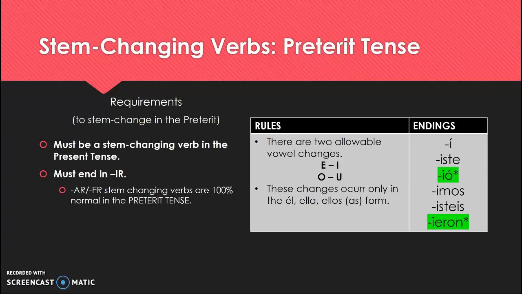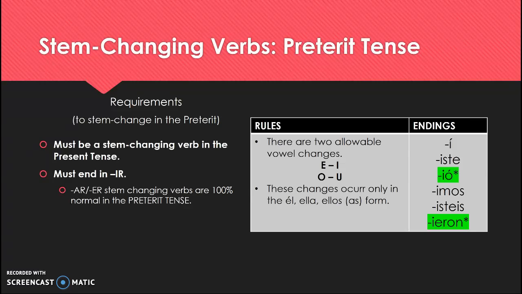So, as you're looking to add endings to these verbs, we use normal IR endings, so í, iste, ió, imos, isteis, and ieron. The verbs are going to be totally normal until they hit the ió ending, and then we have to vowel change before that ending, and when they hit the ieron ending, they'll have to vowel change in front of that as well.